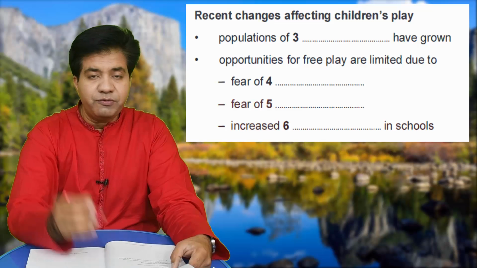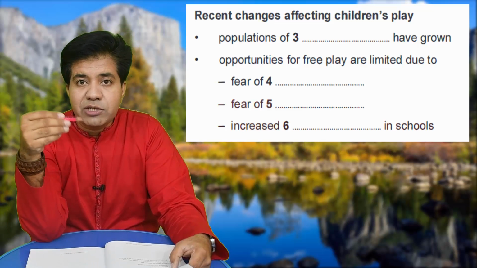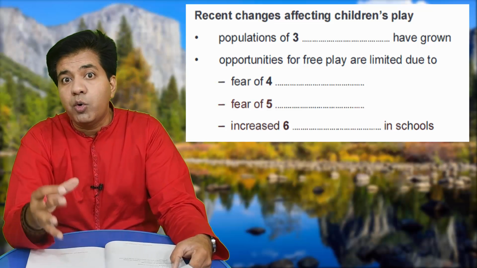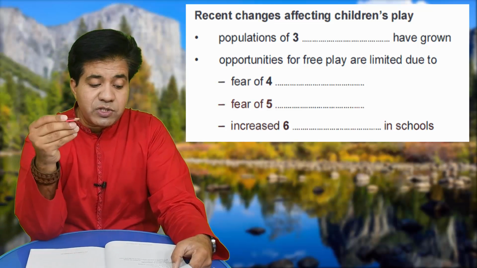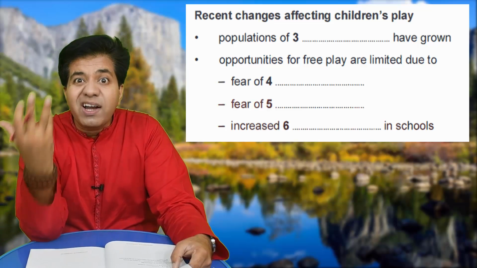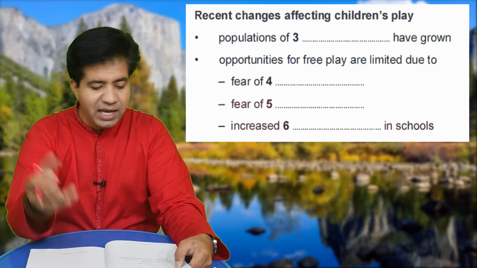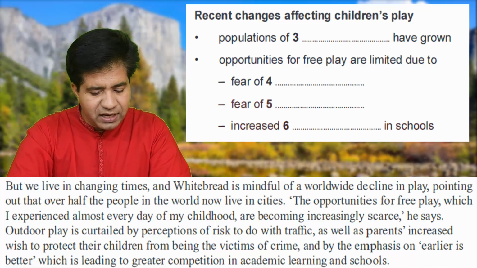So first we need to find the word population. Where do they talk about population or any synonym of population? Then we are going to see where they talk about growth, increased, went up and all that. And we got to see population of what have grown. Okay, let's just go back and we see. Now you can see this paragraph, and there I found this.